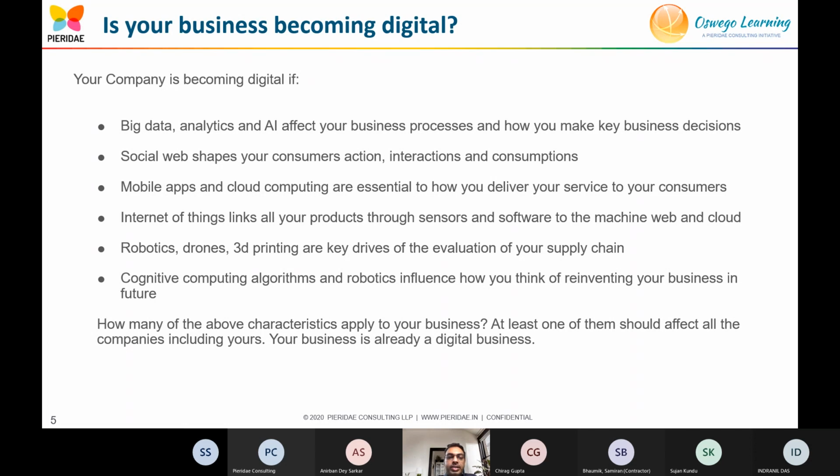I can see all my details from a mobile app. I do not need to call up the sales representative or the accounts person in the organization. So if any one of these points are impacting your business, where you can actually apply these technologies and improve your business, you are at high risk of digital disruption.